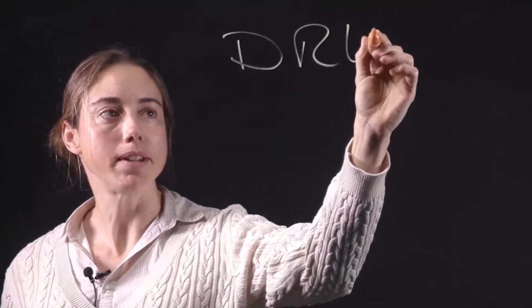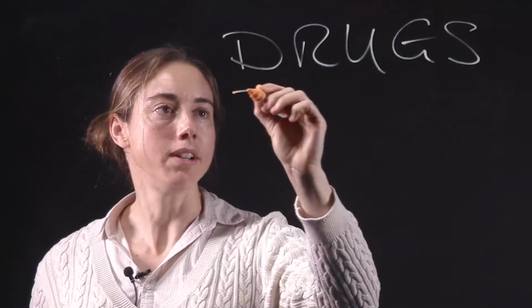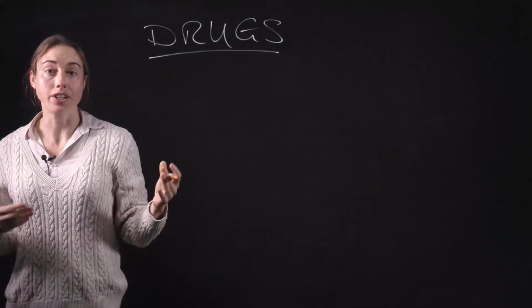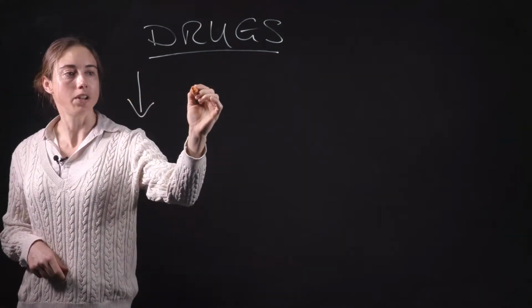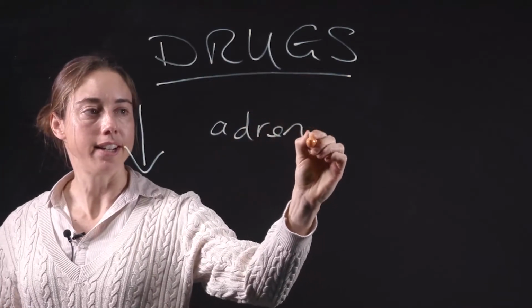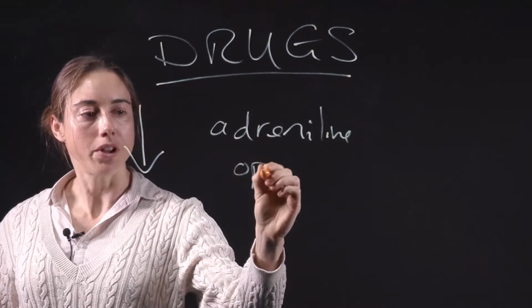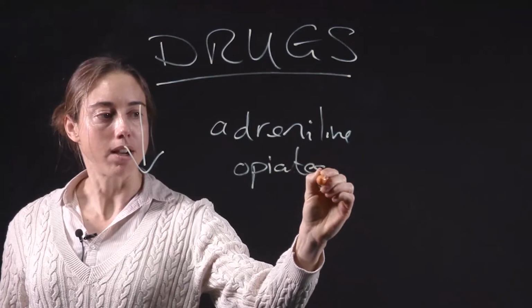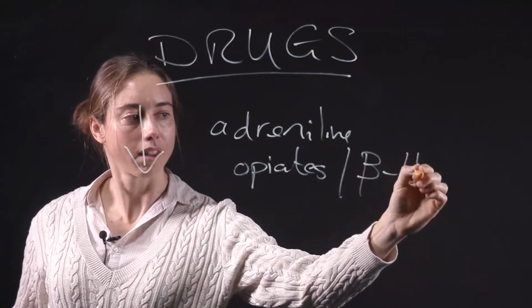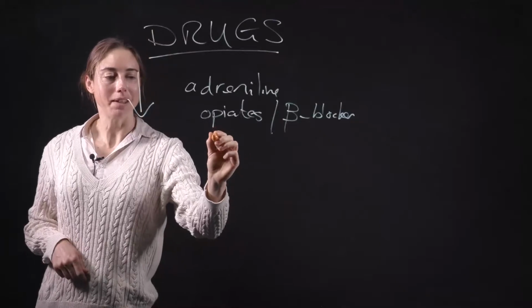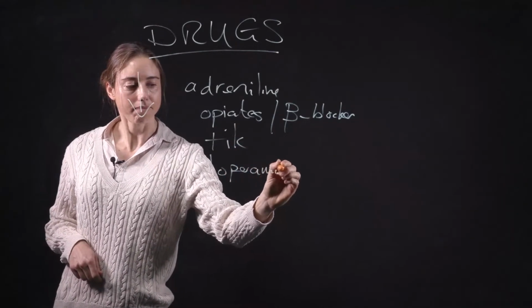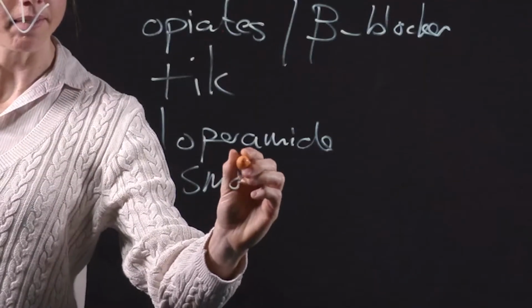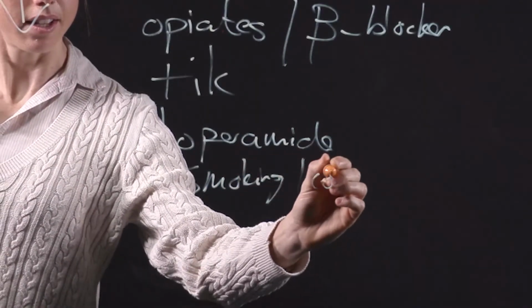Drugs can have a variable effect on alcohol absorption, mainly relating to their ability to increase or decrease gastric emptying. Drugs that decrease alcohol absorption include adrenaline, both opiates and beta blockers, methamphetamines, loperamide, smoking, and coffee.